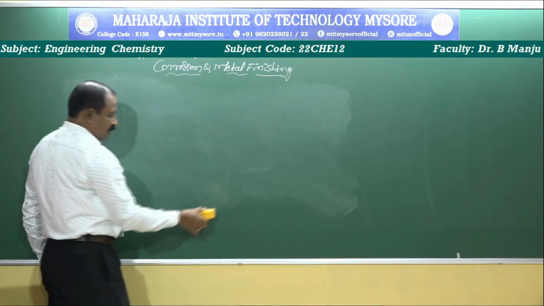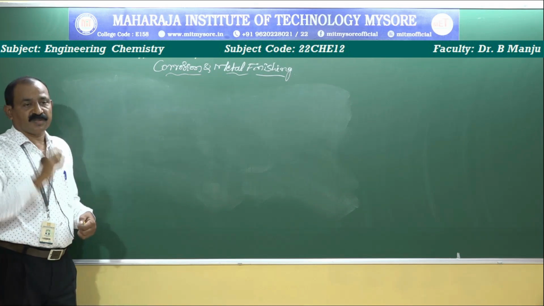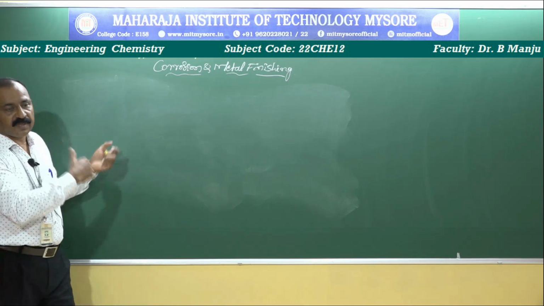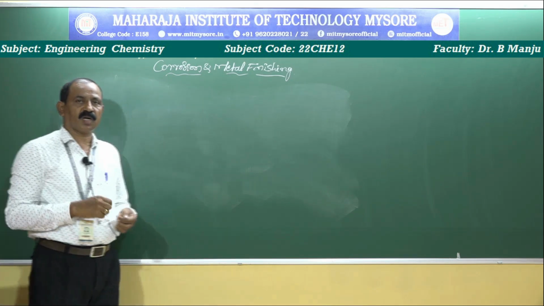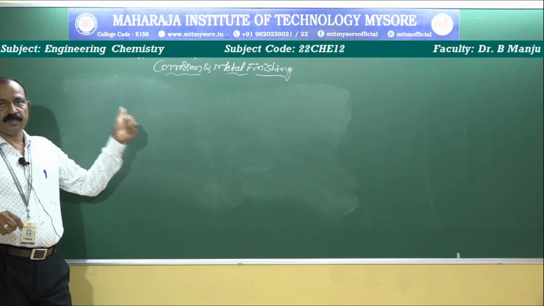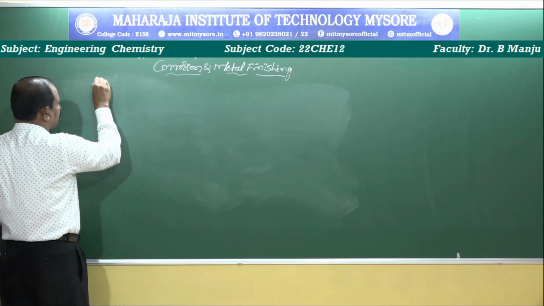Now we have understood the definition of corrosion, theories of corrosion, the concept of differential aeration theory, and further classification of types of corrosion. There are 3 important ones: differential metal corrosion or galvanic corrosion, waterline corrosion, pitting corrosion. Then you come to the factors affecting the rate of corrosion.